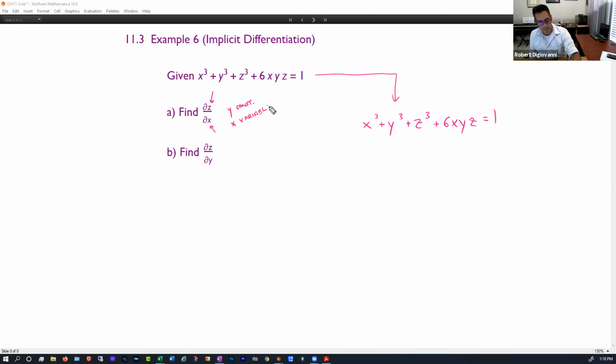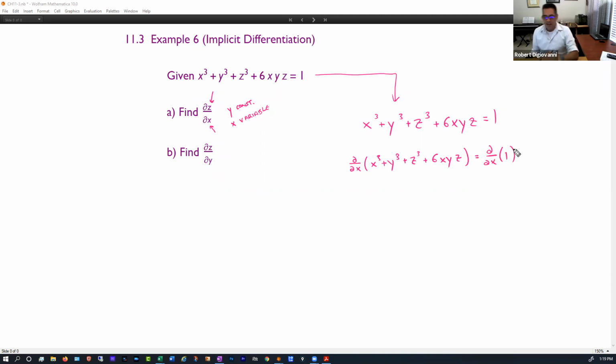And now we differentiate on both sides of the equation with respect to x. So the way I'm going to write that is like this: taking the partial derivative with respect to x on the left side of the equation, and then I'm going to take the partial with respect to x on the right side of the equation.